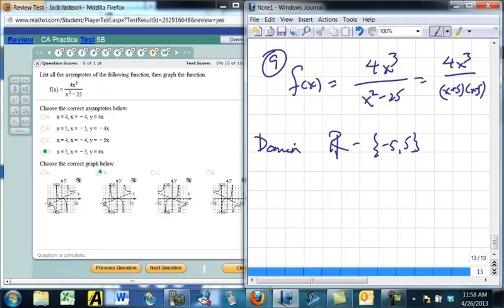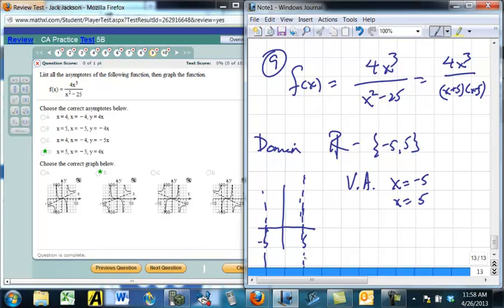Okay, and nothing cancels here, so that means these are going to be vertical asymptotes. So vertical asymptotes are x equals negative 5 and x equals 5. So if we look over here on the graph, we find 5 and negative 5. Those are not part of the graph, but it'll get close to those things.